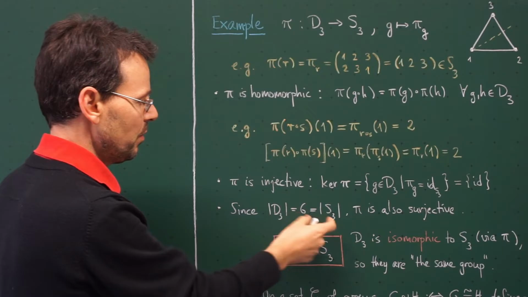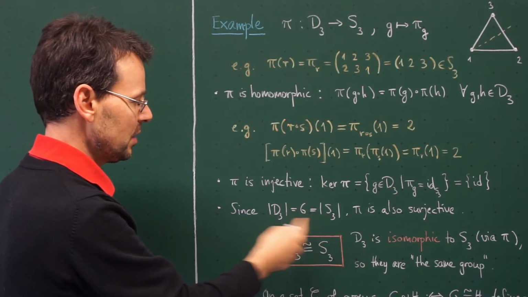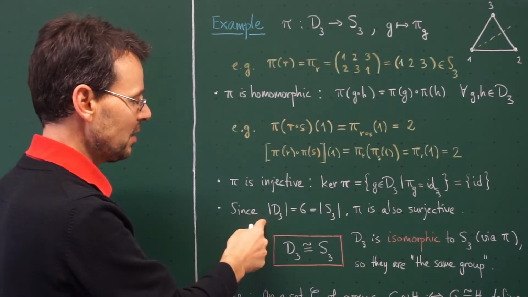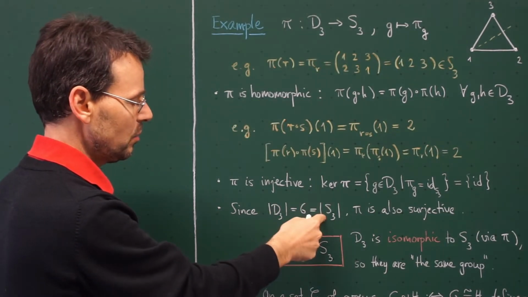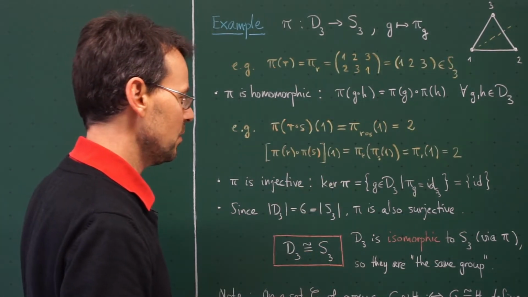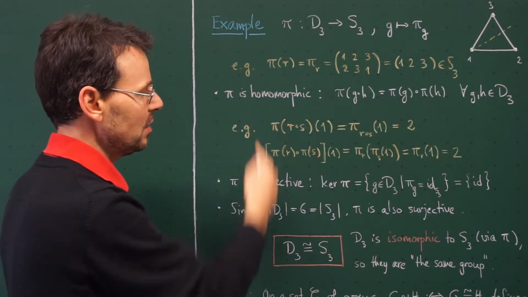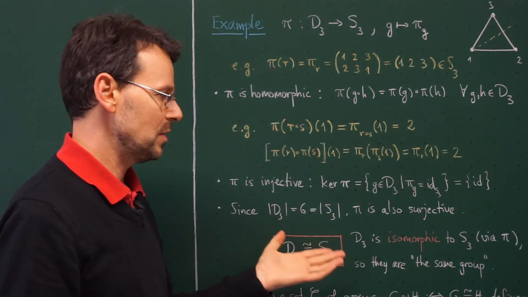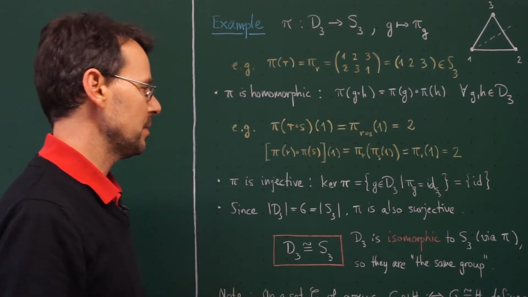Now the orders of both groups are the same, namely 6, here 2 times 3, here 3 factorial. If we have an injective map from a set into a set that has the same number of elements, then it is automatically also surjective. So all taken together, we know that pi is an isomorphism, a bijective homomorphism.